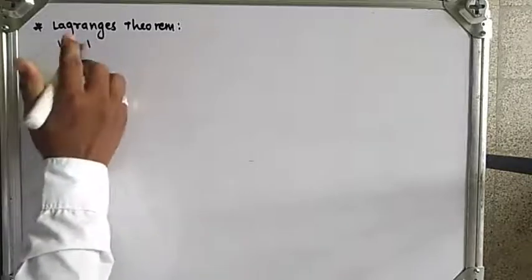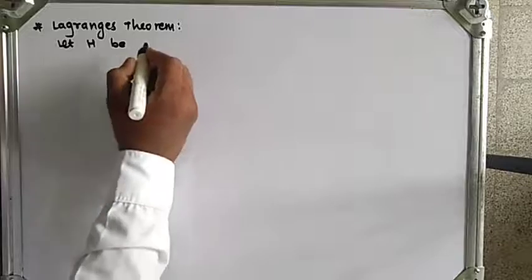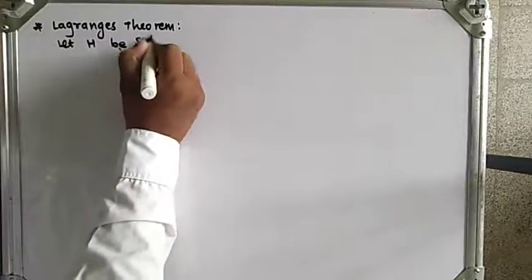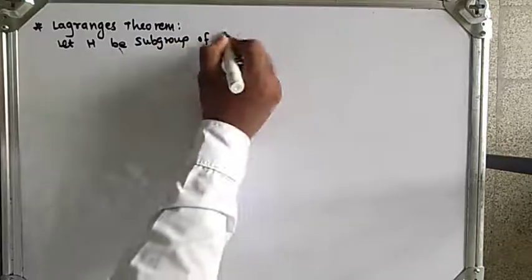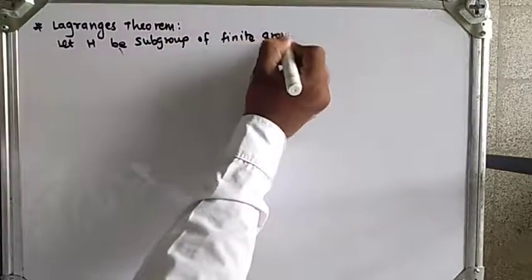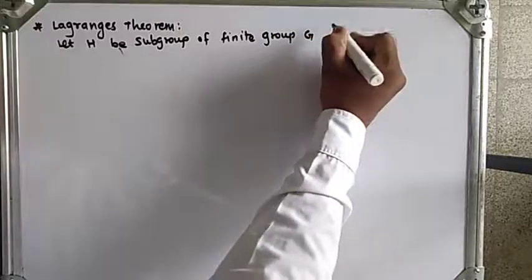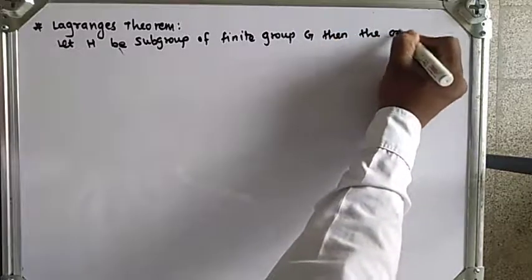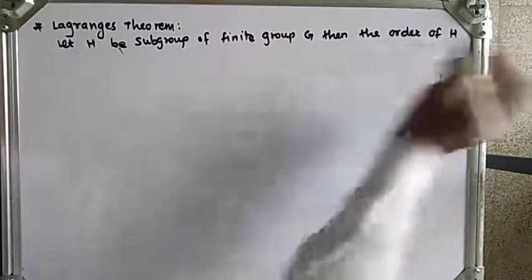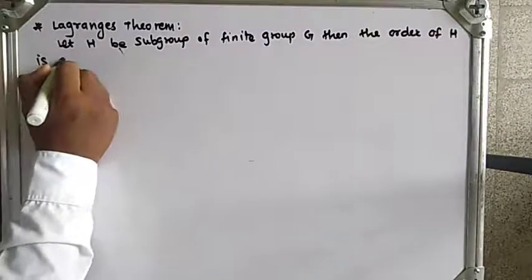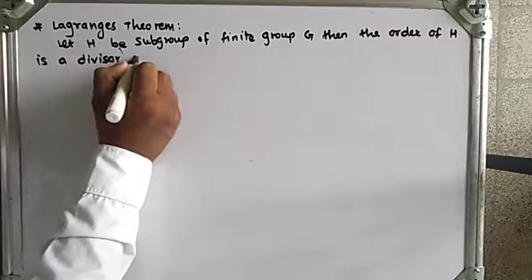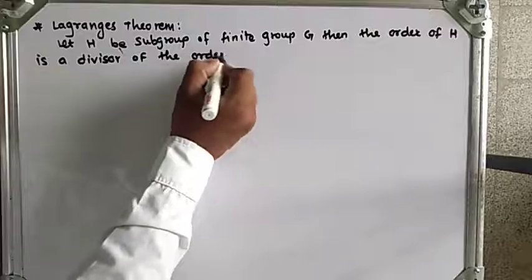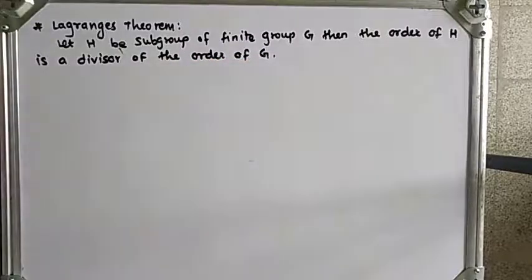Let H be a subgroup of a finite group G, then the order of H is a divisor of the order of G. Means G is a finite group and H is a subgroup of G, then the order of H divides the order of G, means the order of the subgroup divides the order of the group.